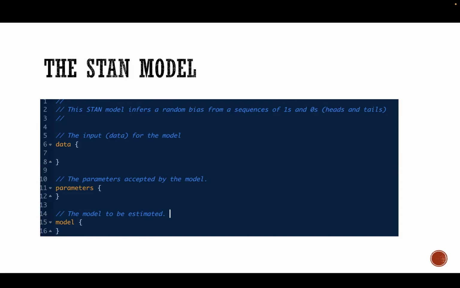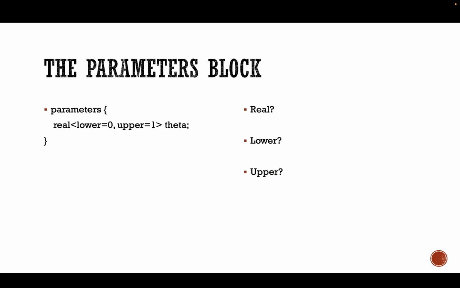I'm running late, but let's just do the parameters. What should we put in the parameters? Yes, rate, exactly, rate theta. So theta now is a real number, and all values between certain boundaries are valid.